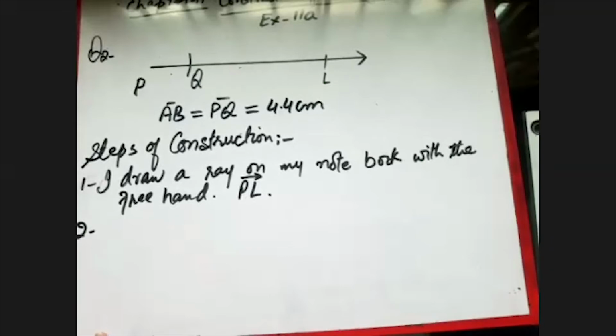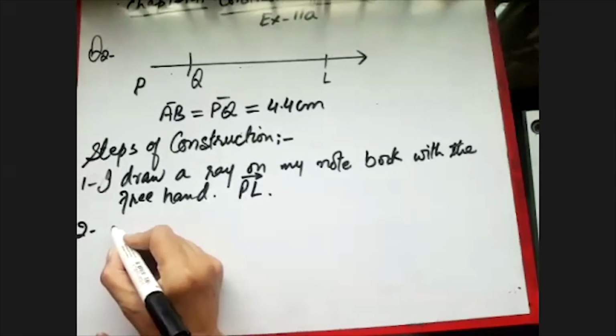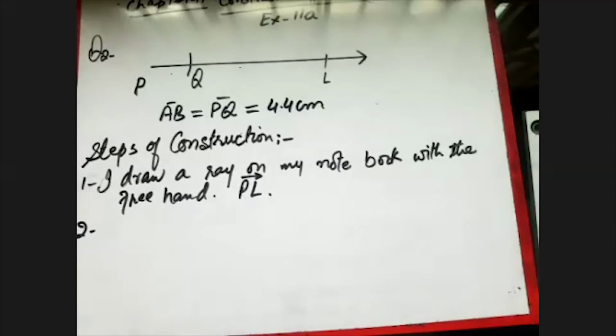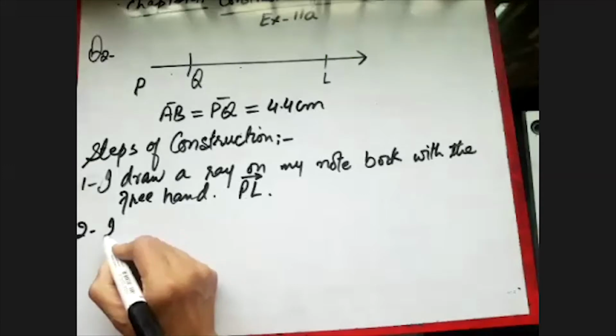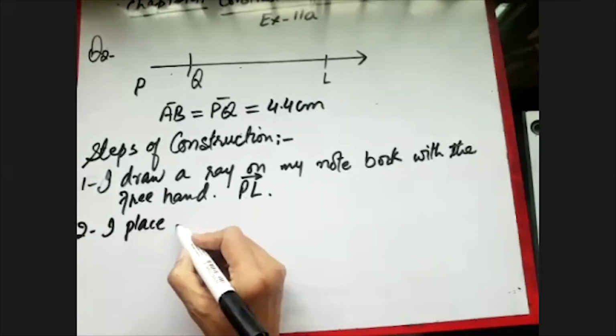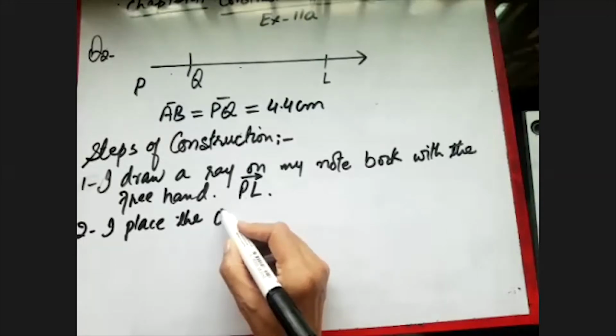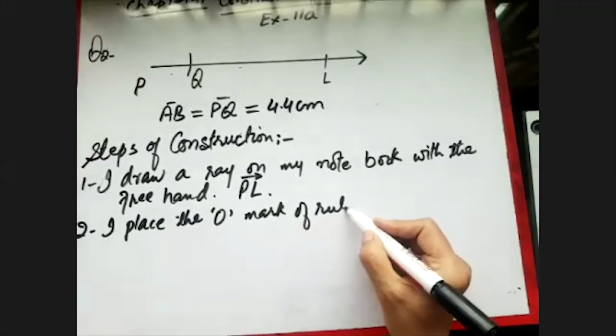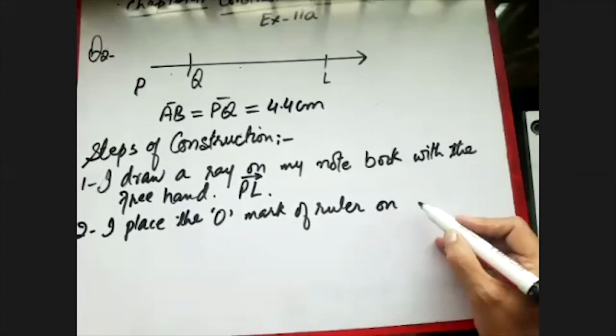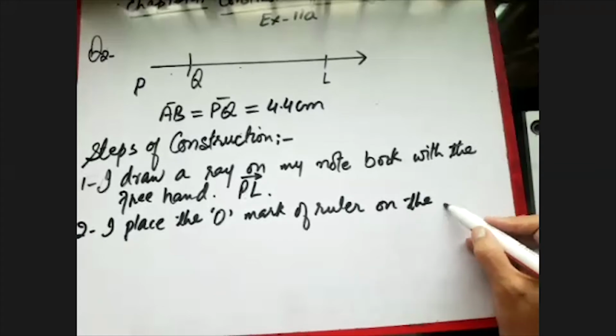Secondly, I place the 0 mark of ruler on the line AB.